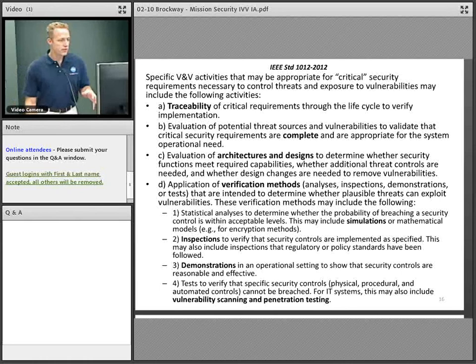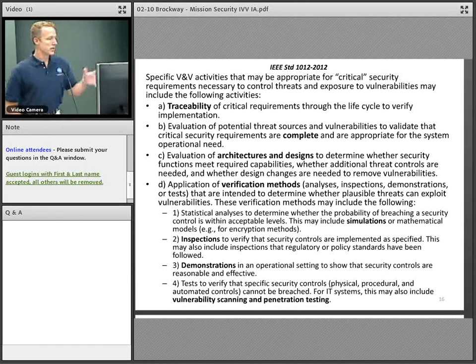This is a bit of an eye chart, but this is a direct quote also out of IEEE 1012, and some of the highlighted topics should look familiar because they're very life cycle oriented. So you're looking to control threats and exposure to vulnerabilities through the following types of activities: traceability, looking that security requirements are complete and appropriate for the system operational needs.